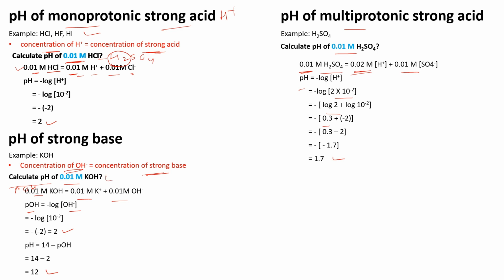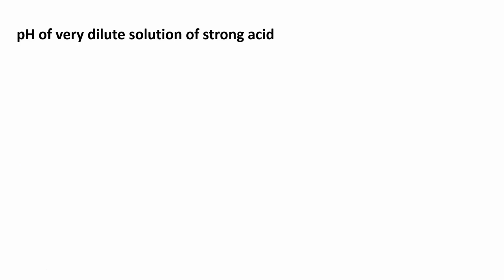Clear for all? So how we will come to know what the pH is if the strong acid is diluted a lot. So one thing is, it is an acid. That means definitely the pH won't be 7, because 7 is for neutral.